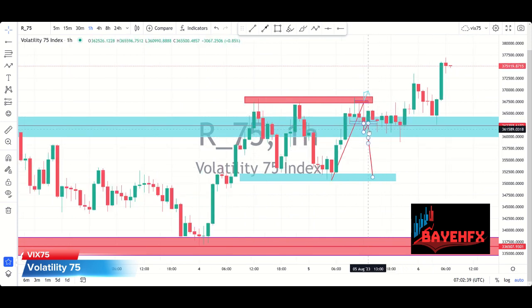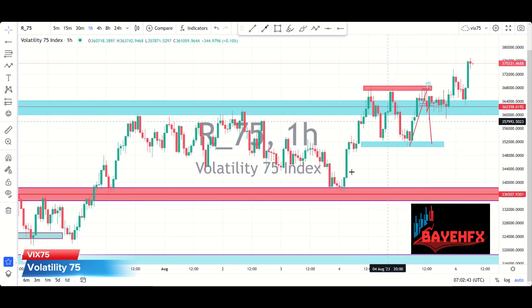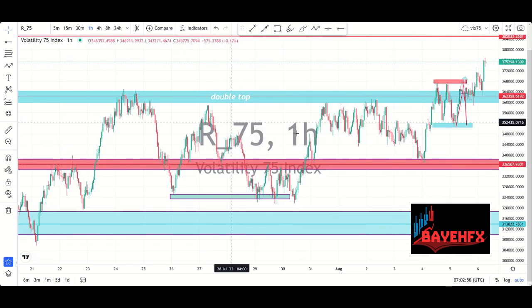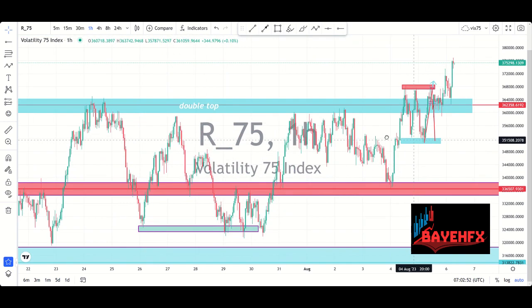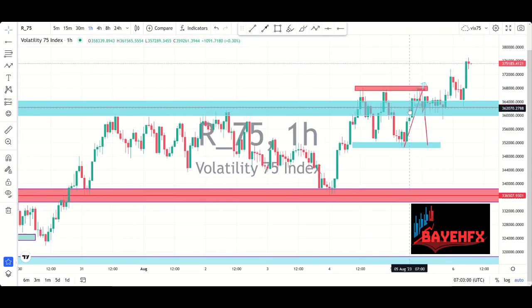So this didn't play out because I was thinking we're going to have a continuational bullish bearish movement, since we're in a consolidating channel here. But as you can see, good, we saw this particular W pattern here, giving us a double bottom.